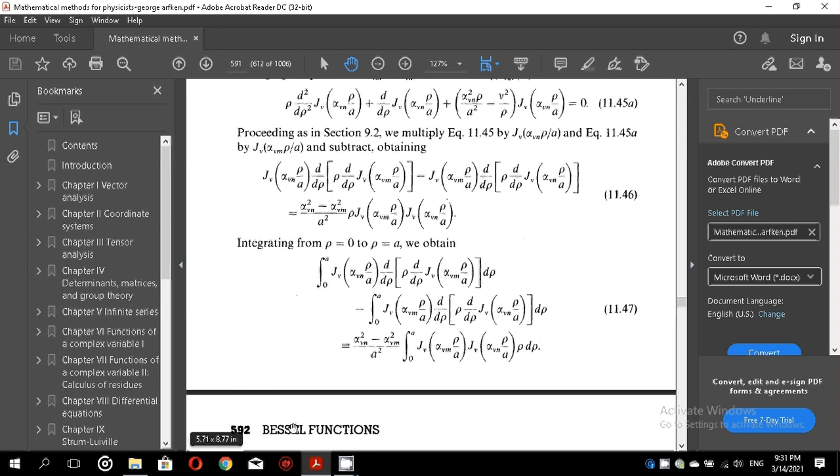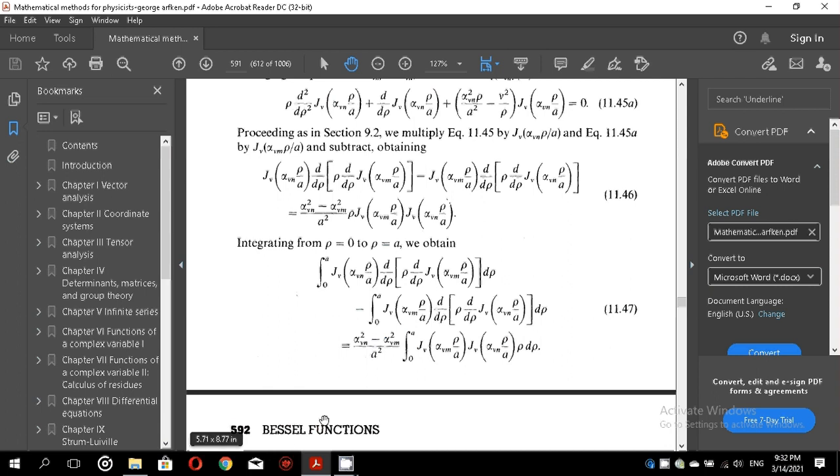This is page 724 from the book Mathematical Physics by Gupta. So you consult these pages and follow the orthogonality property of Bessel's function.